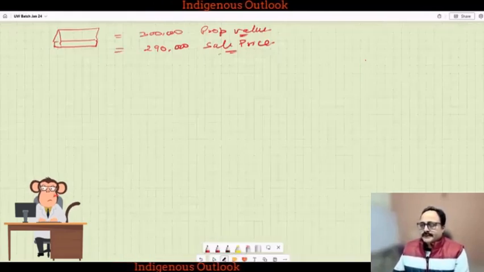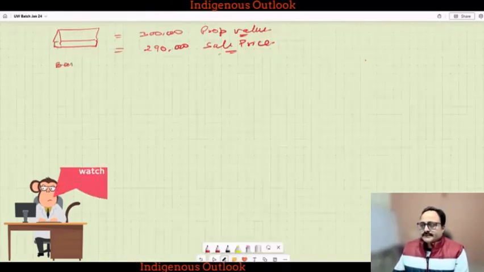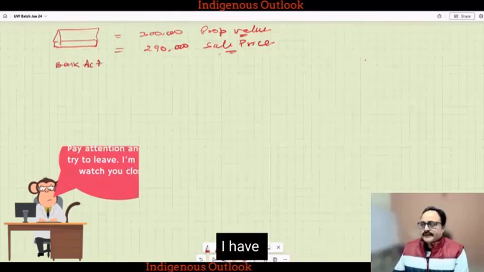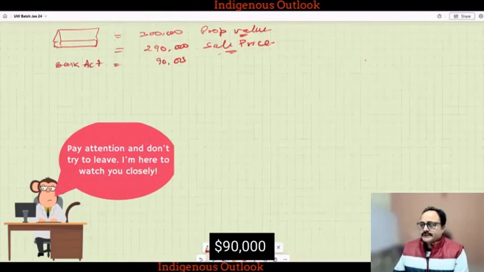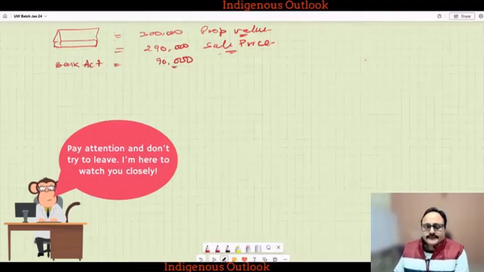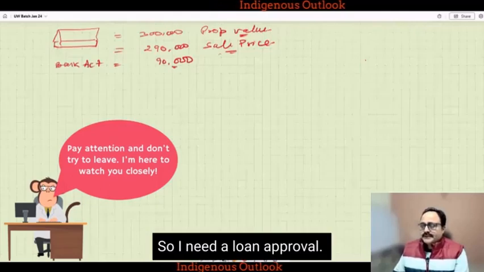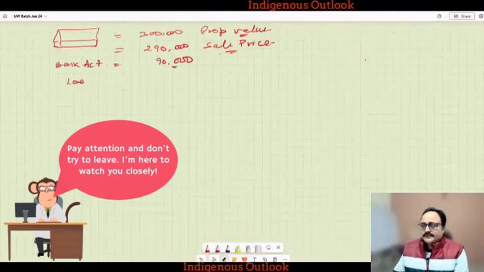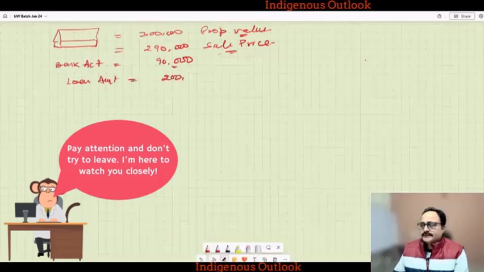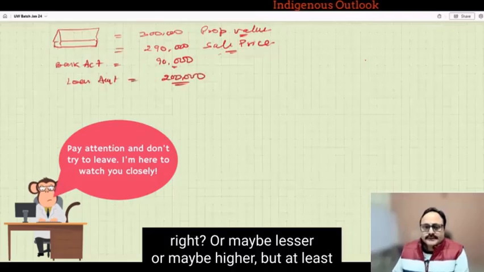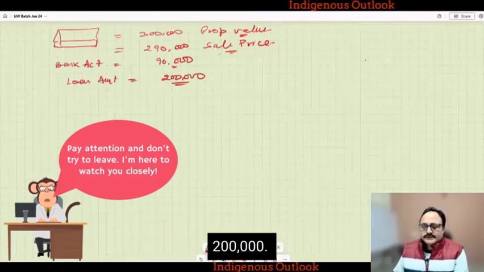Now, in my bank account, I have almost $90,000 as savings. So I need a loan approval. Loan amount, obviously, I will look for 200,000, or maybe lesser or maybe higher, but at least 200,000.